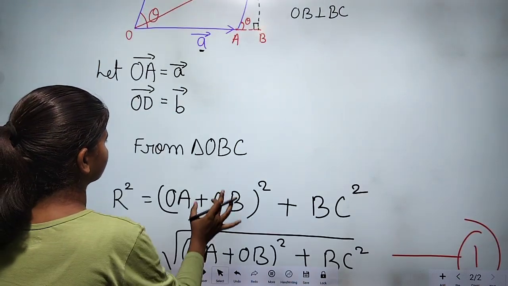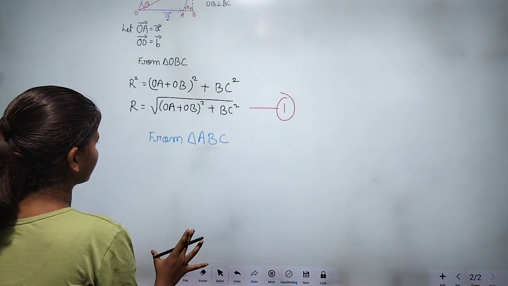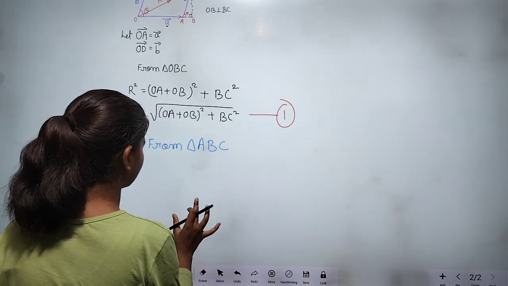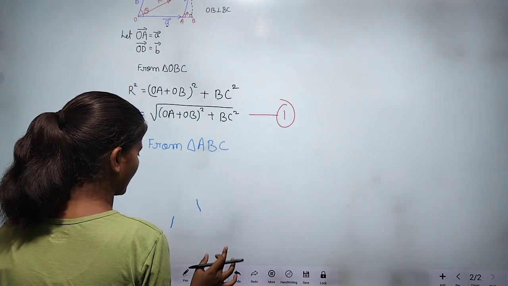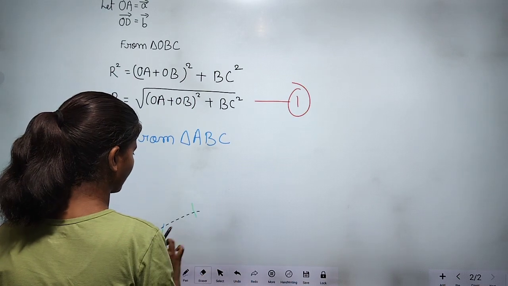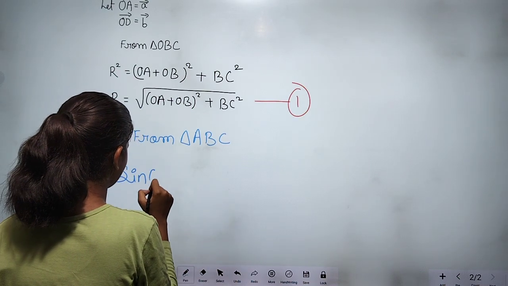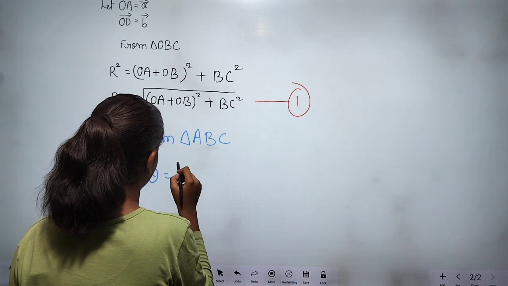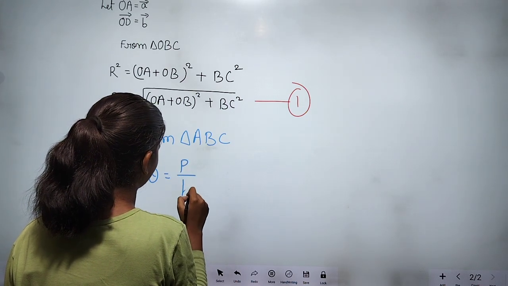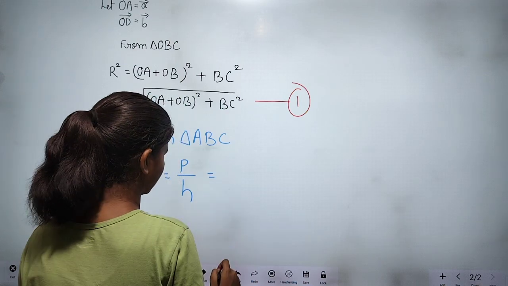So here we can write sin theta is equal to, as we know, perpendicular by hypotenuse.